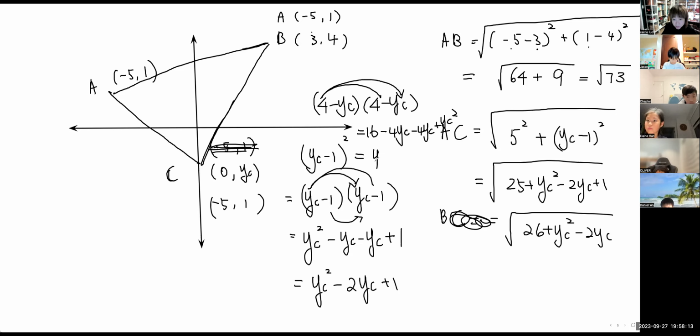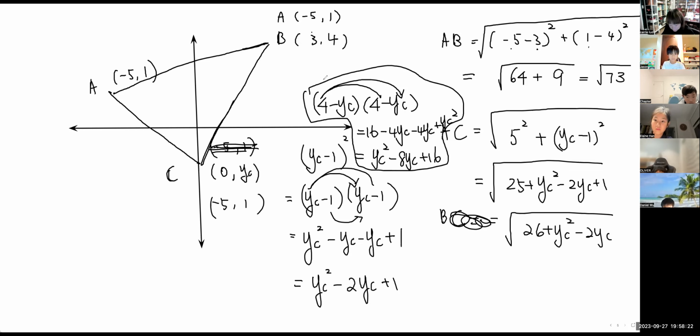So this one equals yc squared minus 8yc plus 16. Okay, if you need this one, this is something helpful here.